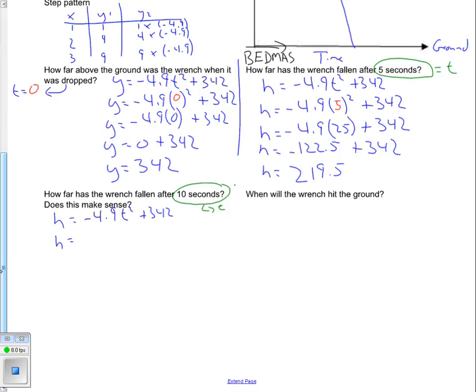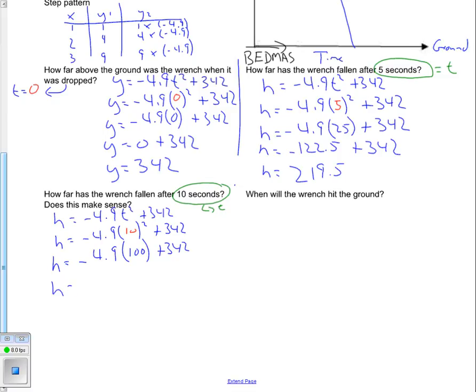So h is going to equal negative 4.9 times 10 squared plus 342, which is negative 4.9 times 100 plus 342.